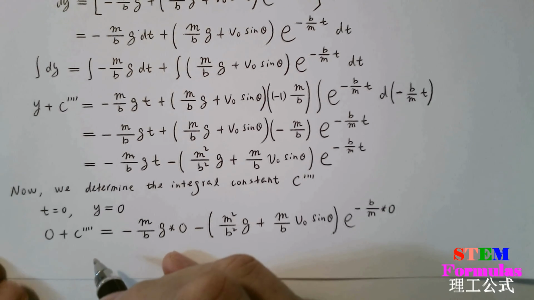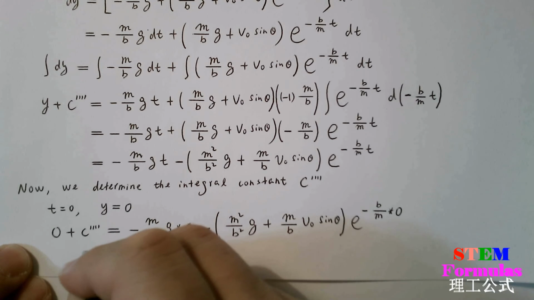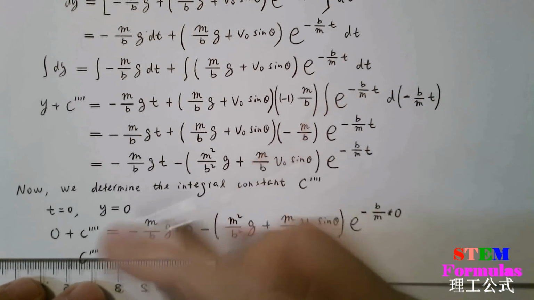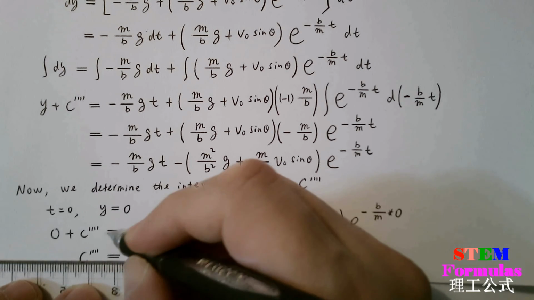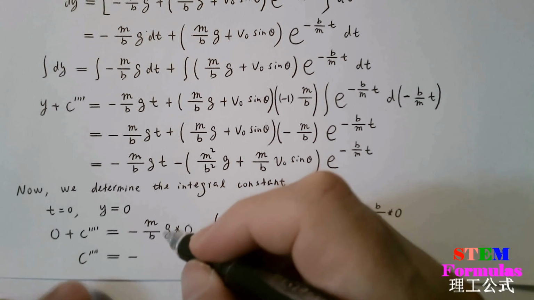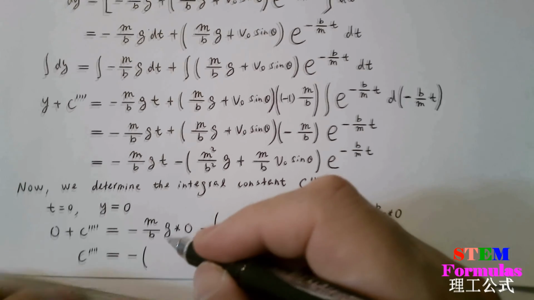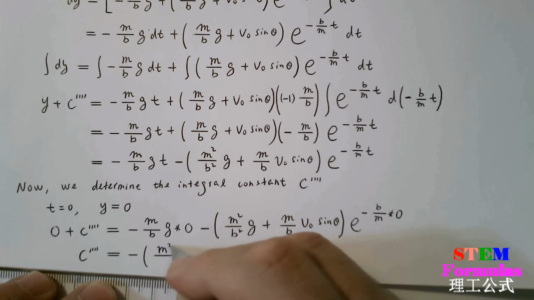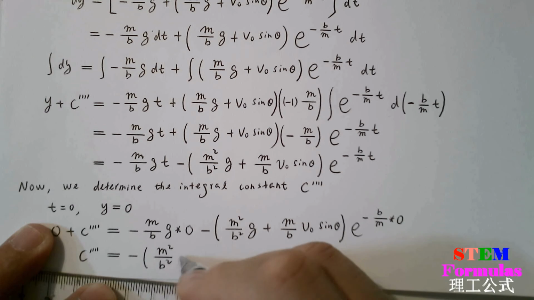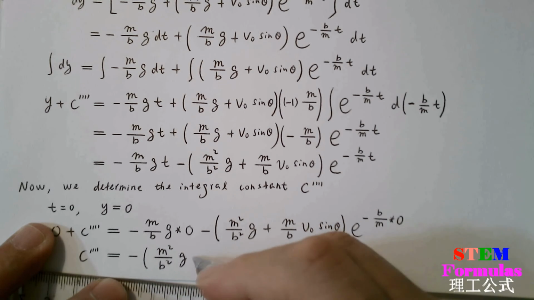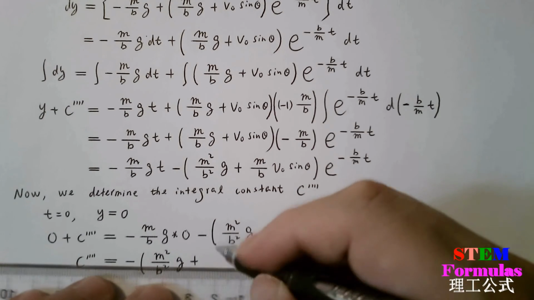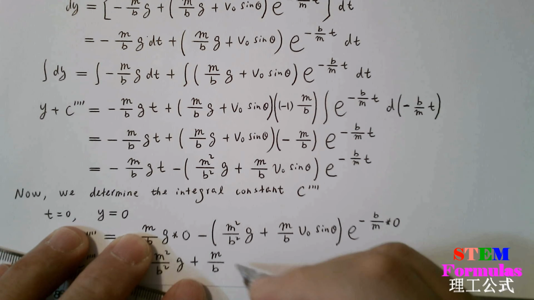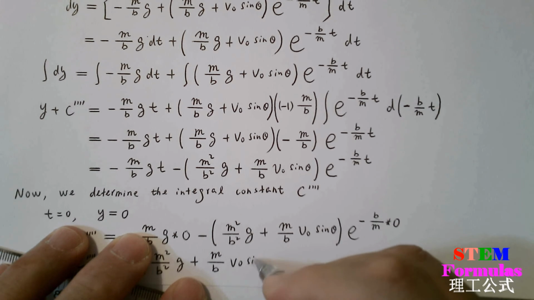So we find the integral constant C 4 primes equal minus m square divided by b square g plus m b v0 sin theta.